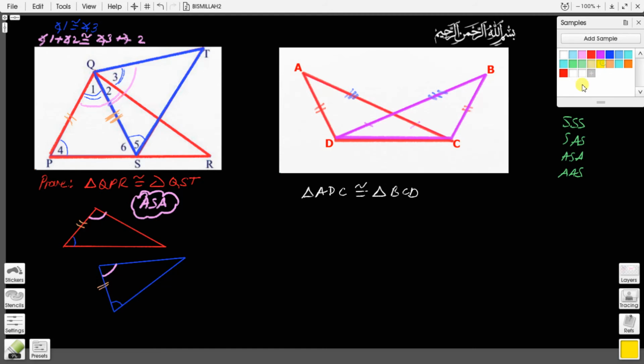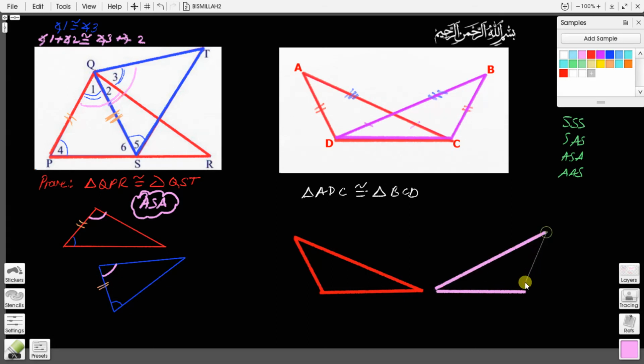What do you think? Well, I have this red triangle over here, so let me draw this out separately for you, a red triangle over here, and then this purple triangle over here. Now I'm given that these two sides are congruent. And then I am told that this side is congruent to this side, and that segment is congruent to that segment. So this segment, from here to here, must be congruent to from here to here because of segment addition.